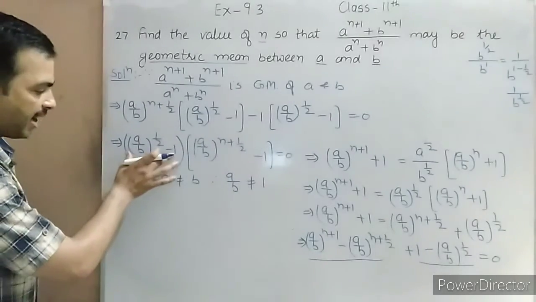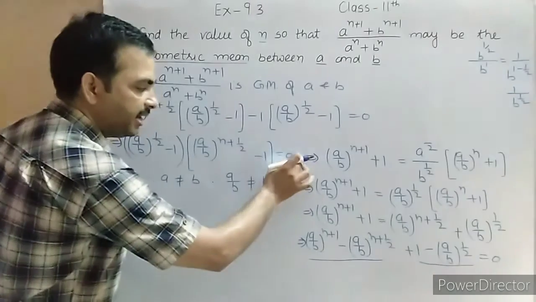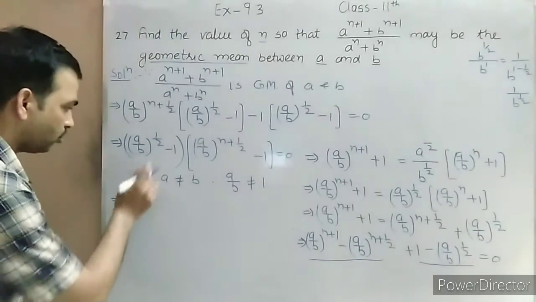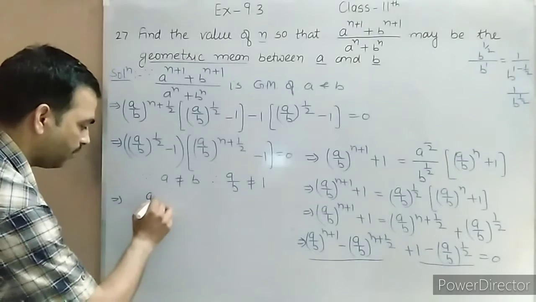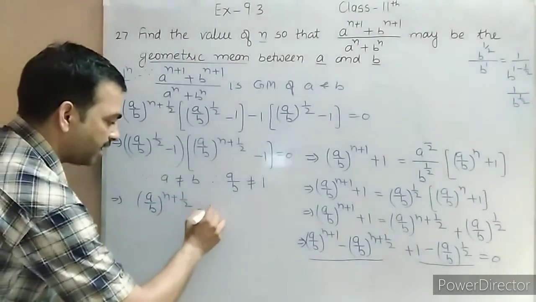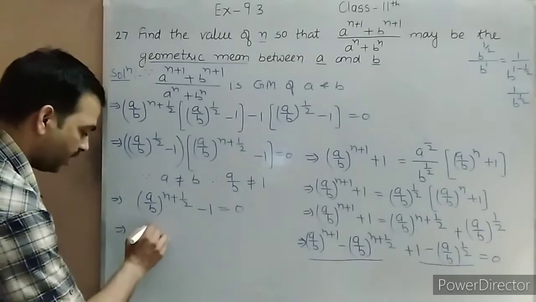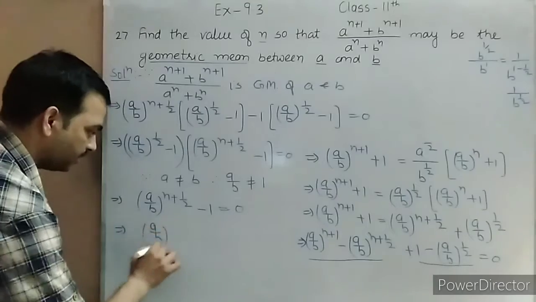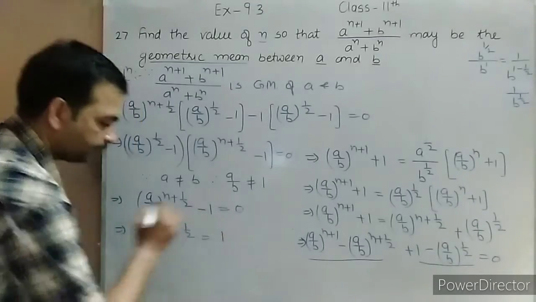Therefore I can divide the right-hand side 0 by (a/b)^(1/2) minus 1. On dividing, I get (a/b)^(n+1/2) minus 1 equals 0. Again (a/b)^(n+1/2) equals 1.